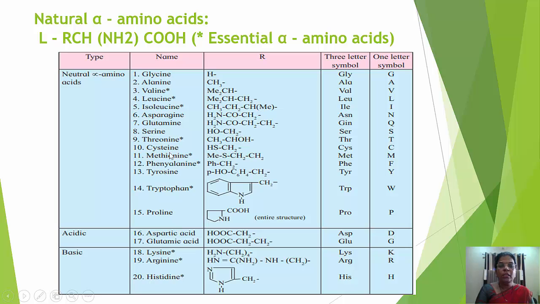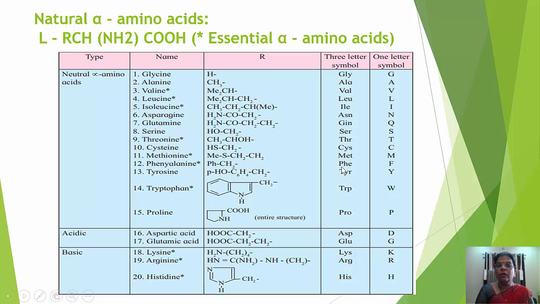Then number 10, cysteine, SHCH2. It is represented as CYS or capital C. Then methionine, MeSCH2CH2. It is represented as MET and the 1-letter symbol is M. Then number 12, phenylalanine, PhCH2.